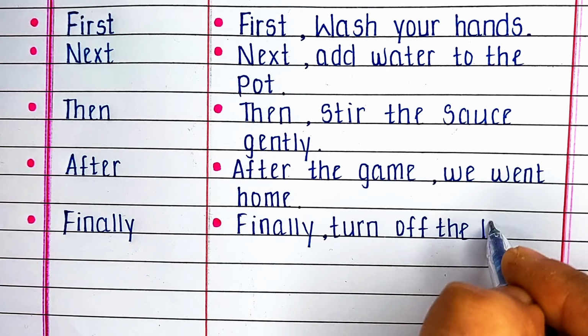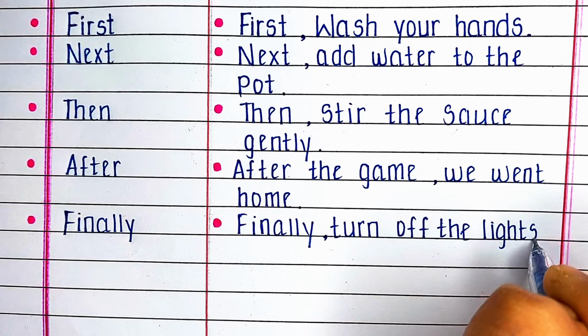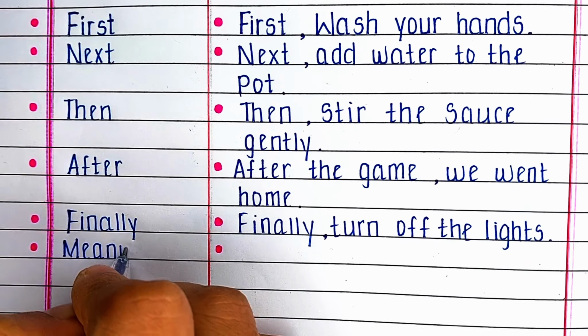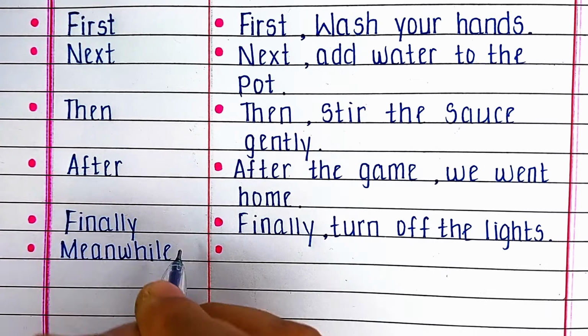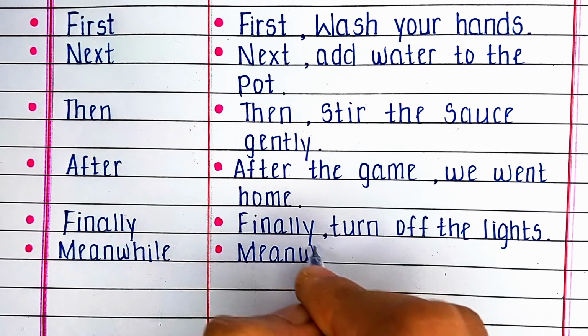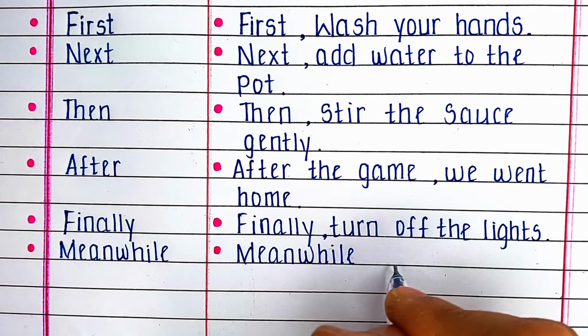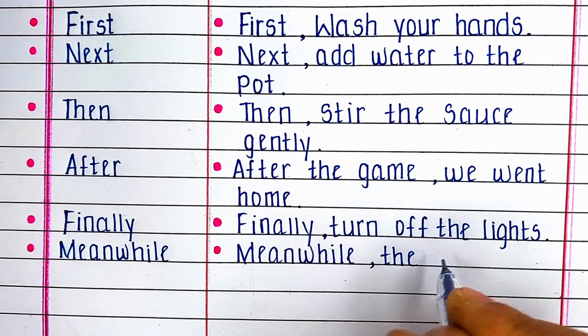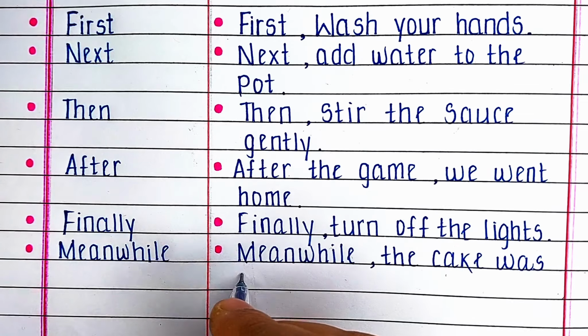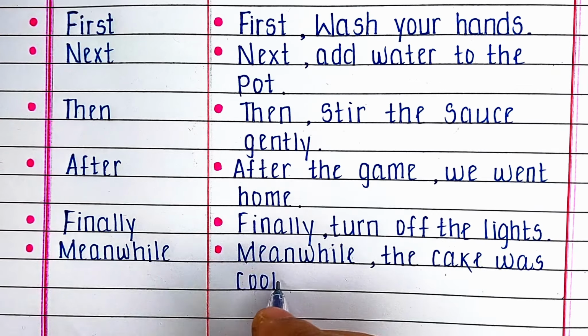Example, finally turn off the lights. Next word is meanwhile. Example, meanwhile the cake was cooling.